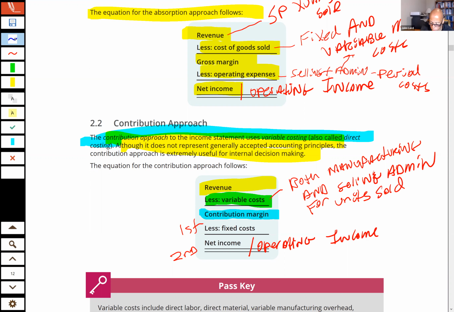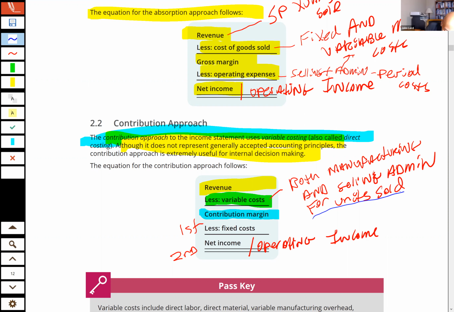Well, it's for the units sold. So whatever number of units we sold times the variable cost per unit. You keep saying for the period, and I keep saying for the units sold. Okay, so it's for the units sold, right?